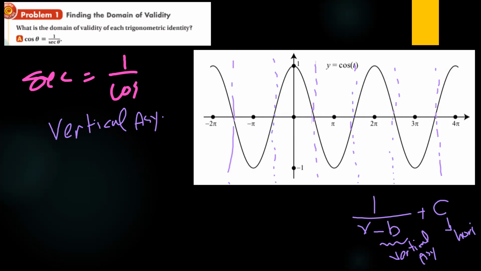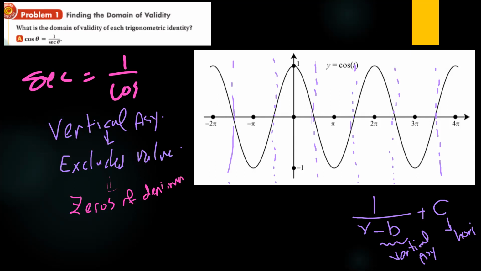Now, in order to find the vertical asymptotes, you have to find the excluded value. And to find the excluded value, you have to find the zeros of the denominator. How do you find the zero of the denominator? You bring the denominator. It is cosine.